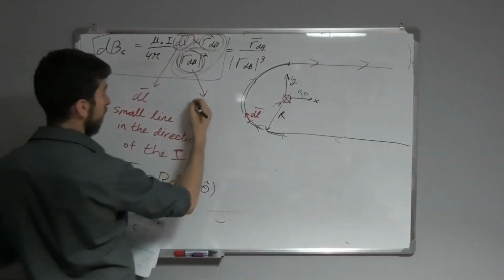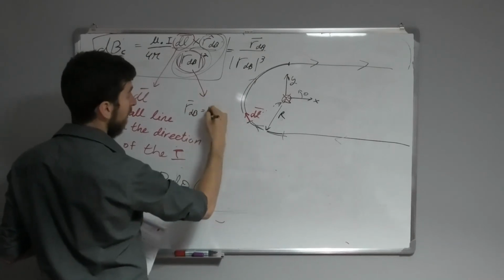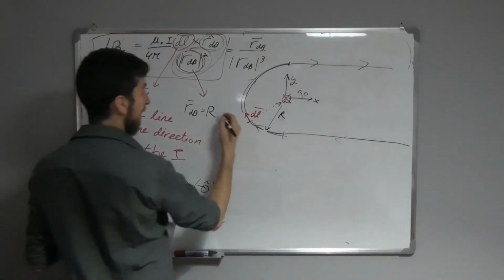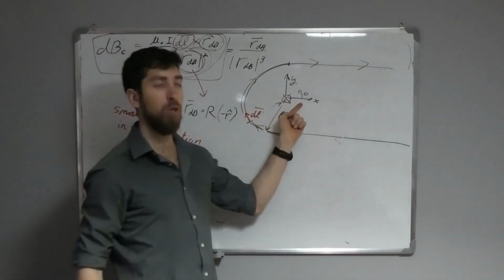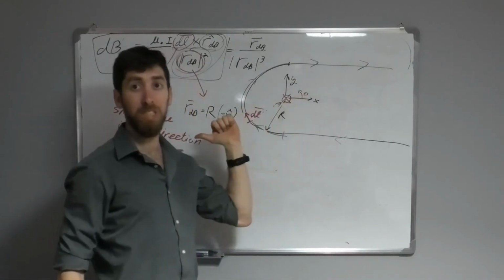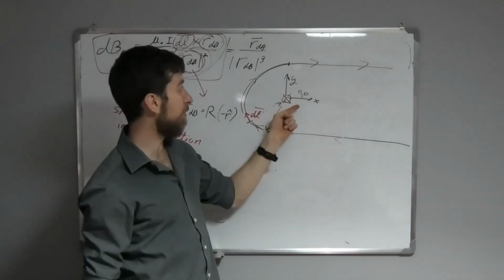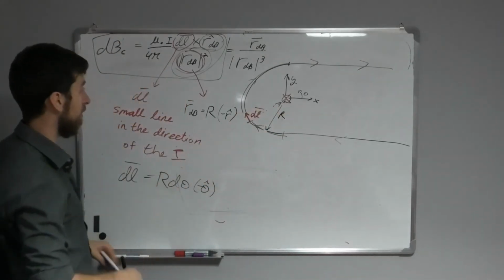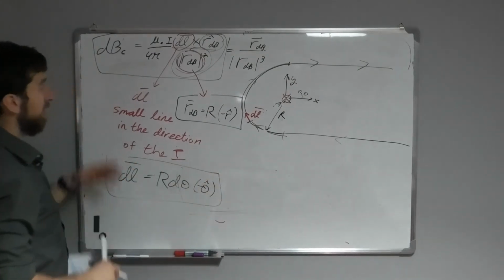So the magnitude of r-db is actually L, right? But the direction is minus r, because I'm going to this location, not to this one. If we go outside of the axis, it's plus r, but if we go against it, it's minus r. So we found the two main players of this equation.